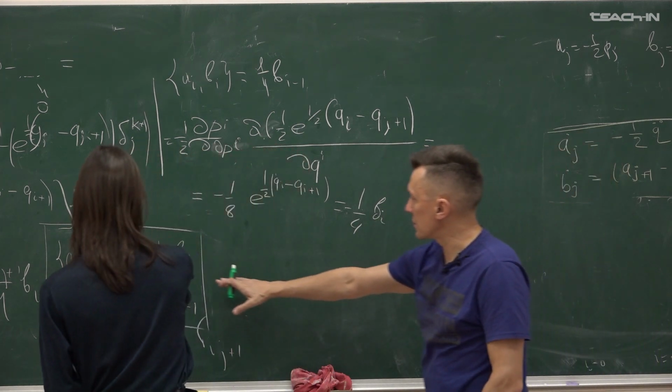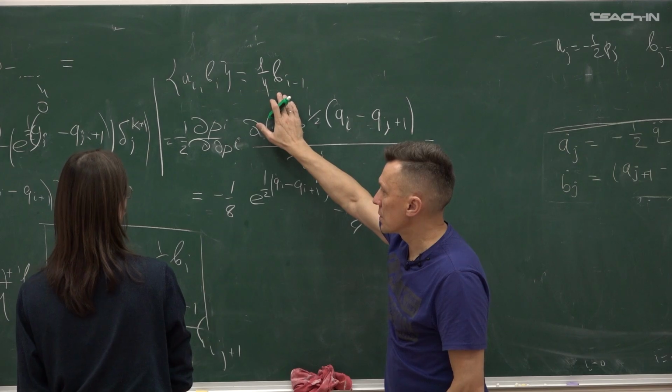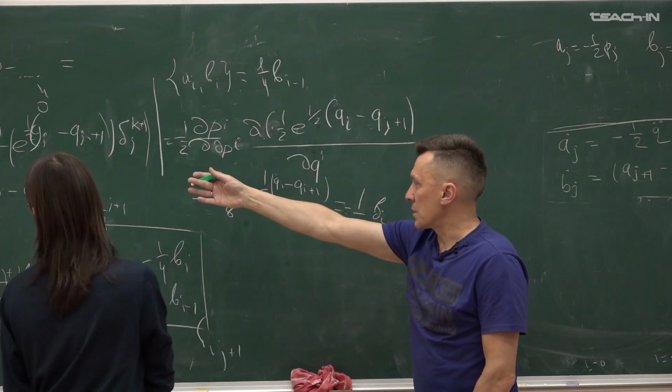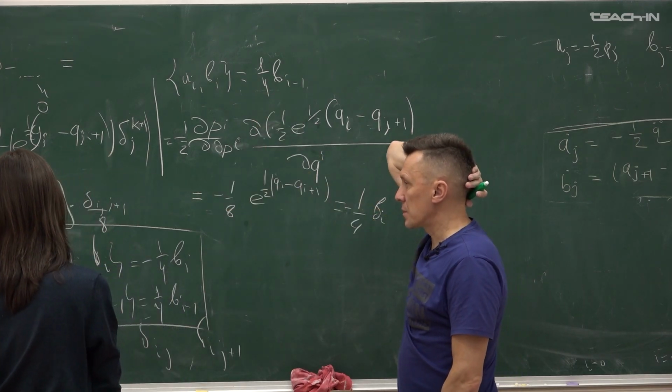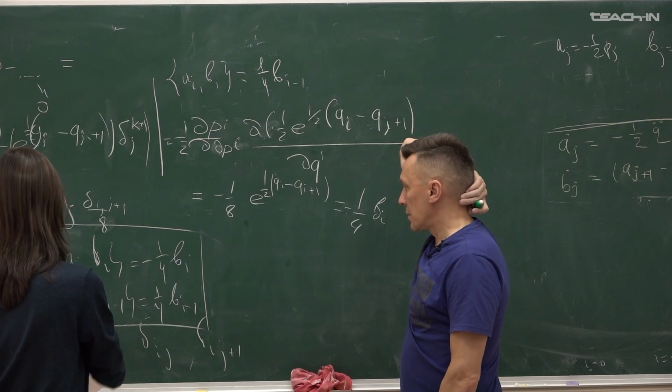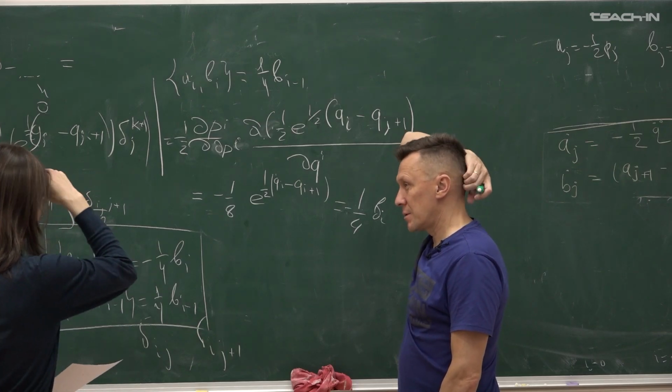Bi. So this one, and not this one. Yes. So there is a mistake in your formula, but it is very close to the correct one.